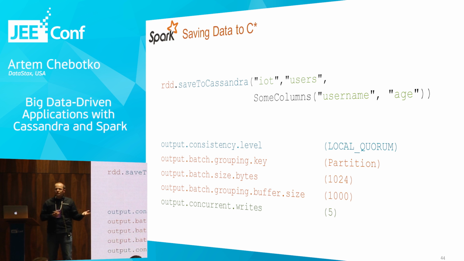Also, for each Spark task, how many batches you're going to write concurrently. So these are default settings, but you should understand that my Cassandra partition and your Cassandra partition, your data will be totally different. My partition may contain 1 megabyte of data, and you may have only 100 kilobytes, right? So based on that, you may change these settings and achieve faster performance.